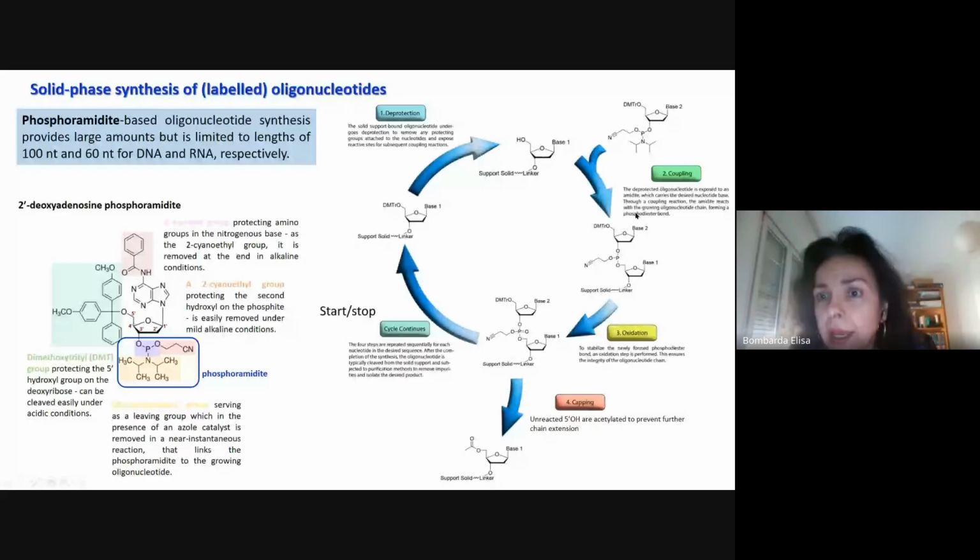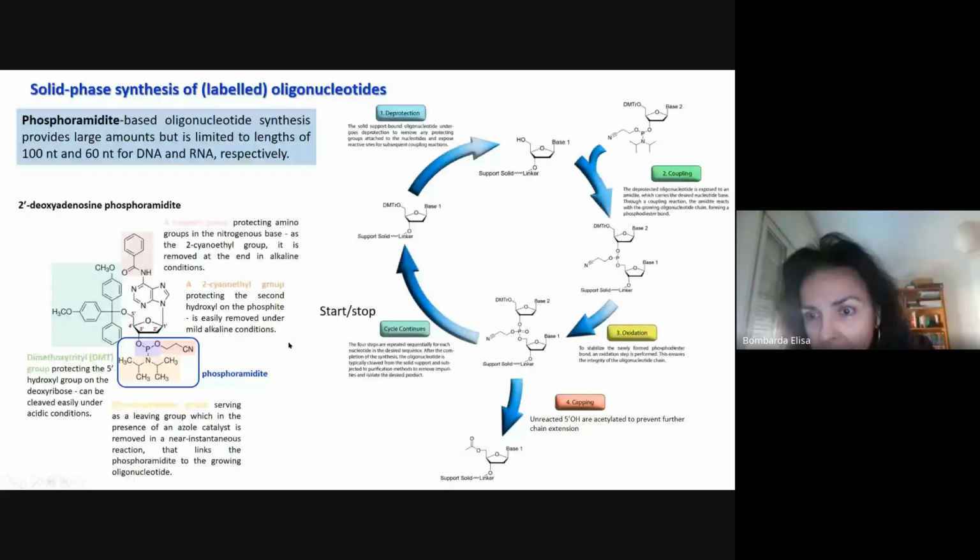Then you add the subsequent, the N plus one nucleobase in the phosphoramidite form, and the coupling occurs.